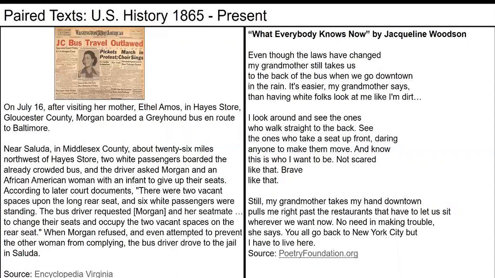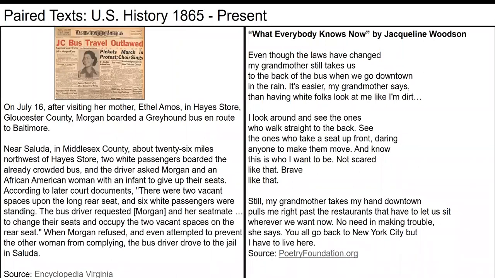She refused and was sent to jail. This happened years before Rosa Parks, right here in Virginia. And if you teach in Middlesex or teach in Petersburg or teach anywhere along this route, you have this built-in engagement because of the local history that can really hook students right away. I'll talk about Encyclopedia Virginia as a great resource here in just a little bit.